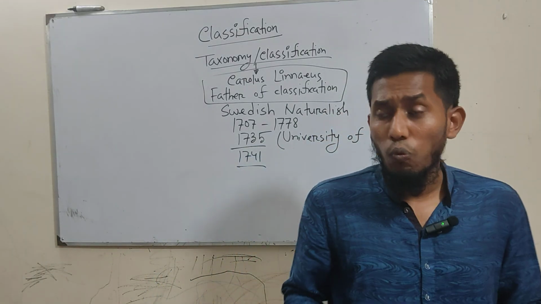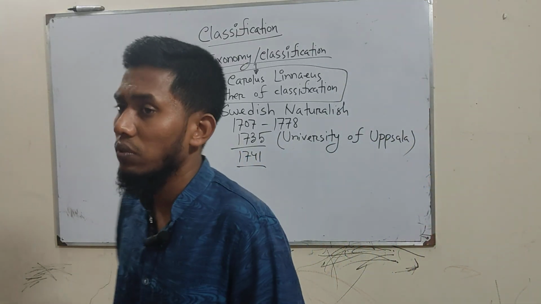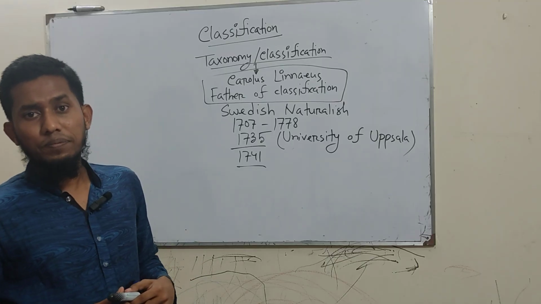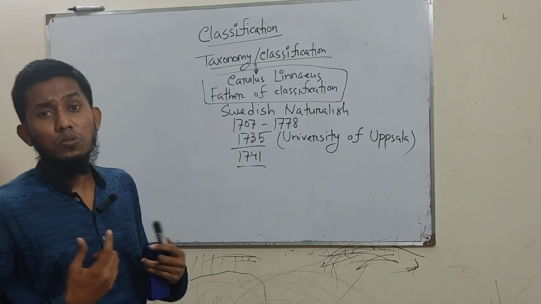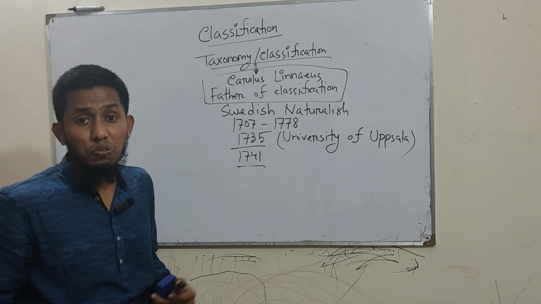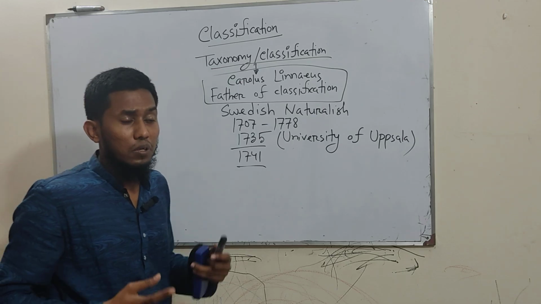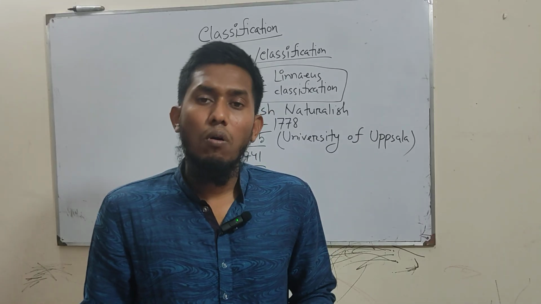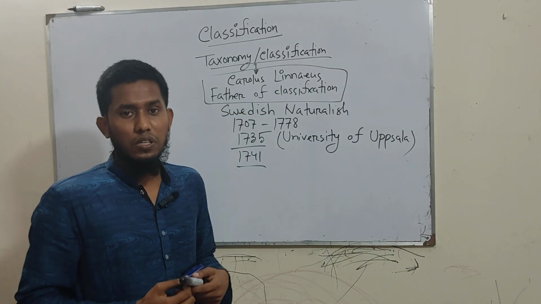Now, why do we need to know about this systematic arrangement? Why do we need to know about classification? That is the question. A question may come: write down the aims, objectives or significance of classification.